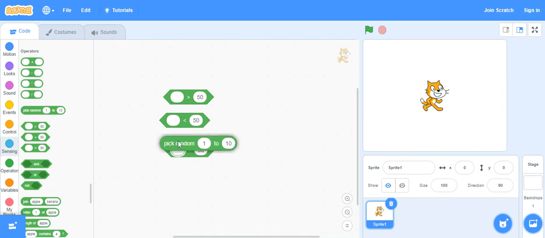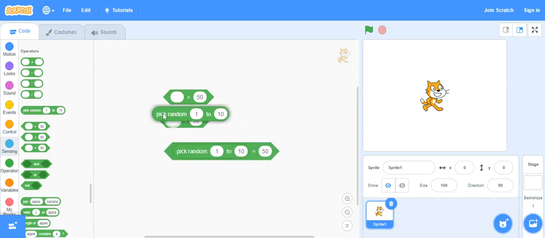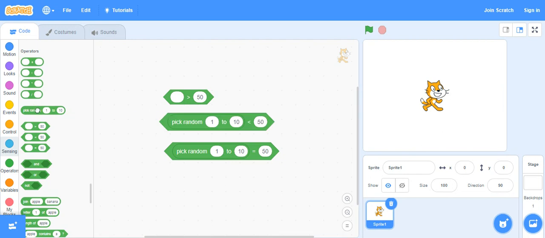So suppose this is our code. And now we need to know if these are true or not.